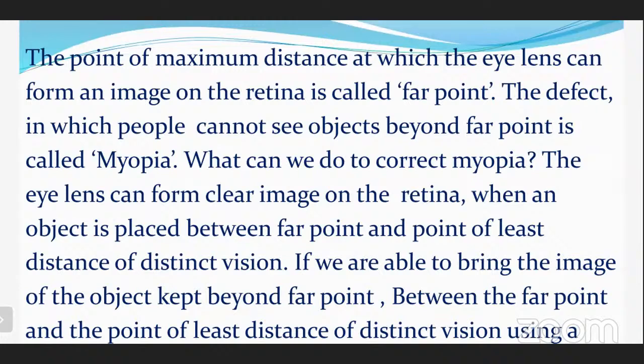So the problem is there. Then what can we do to correct myopia? If any problem is there, automatically there is a solution for that problem. Is it right? For everything there is a solution. So what can we do to correct myopia? The eye lens can form a clear image on the retina when the object is placed between the far point and L, the least distance of distinct vision.